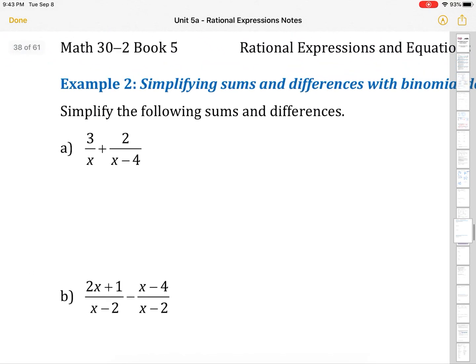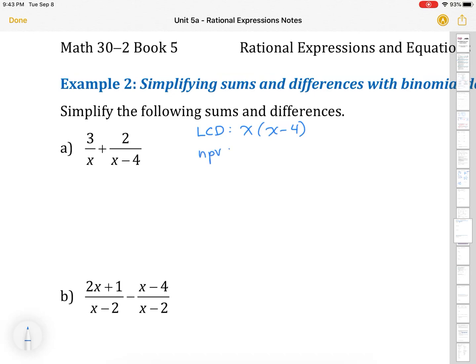So when we have binomial denominators, if they're not the same, the easiest thing to do for our lowest common denominator is multiply them. So my lowest common denominator of these is going to be x times (x minus 4). Now I'm going to leave it in factored form because that will make my answer easier.